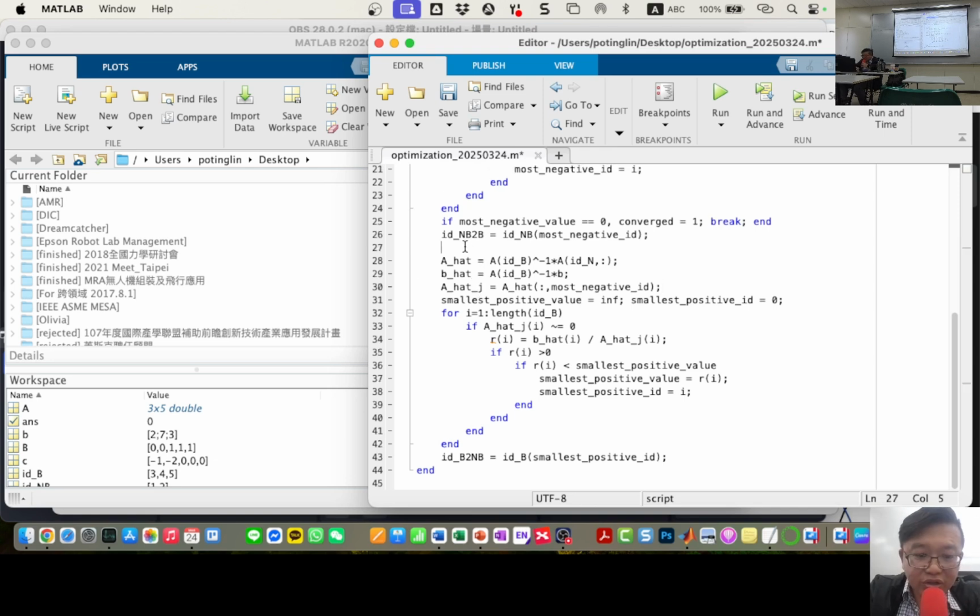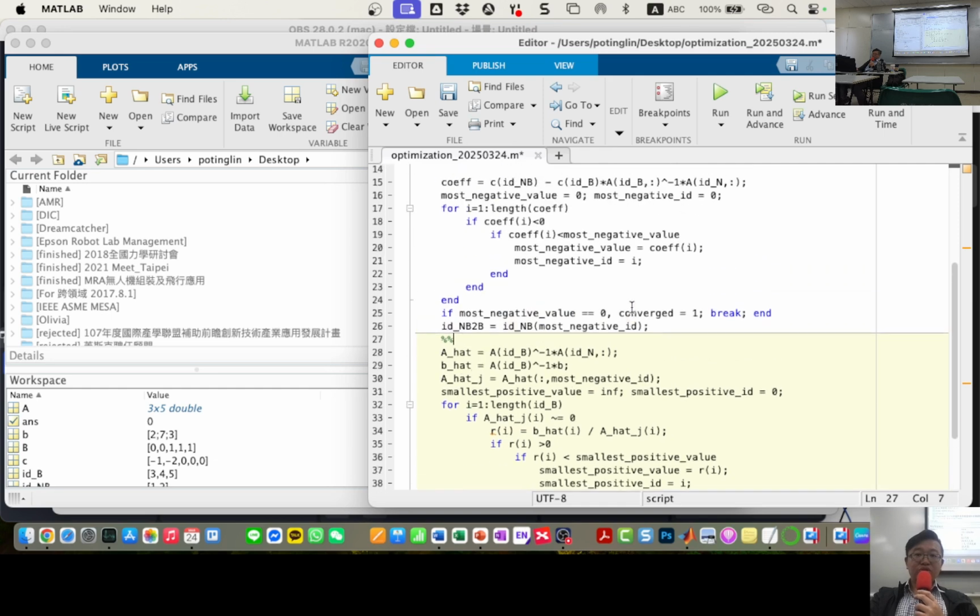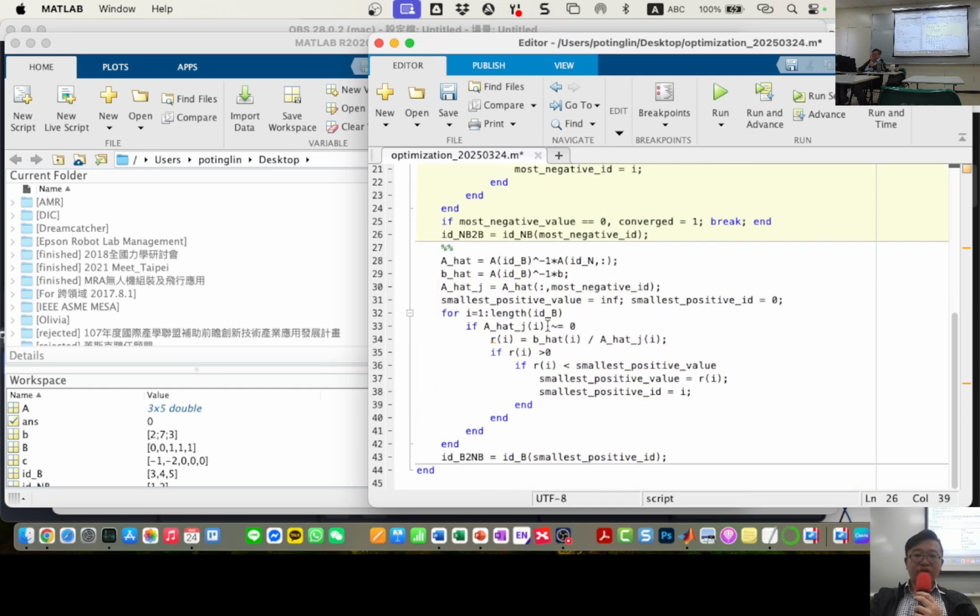Here is the second part. Second part. Yeah, as a separator. So you know the first ID and the second ID, then you need to update.